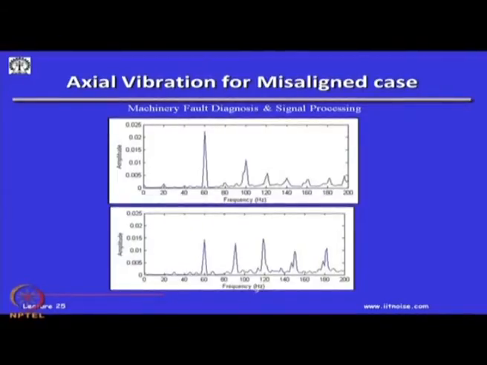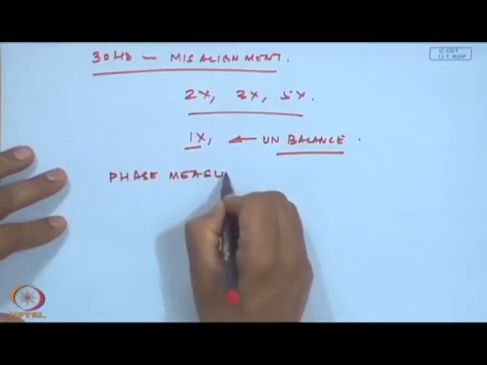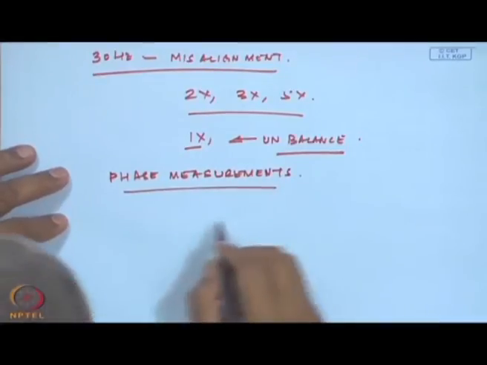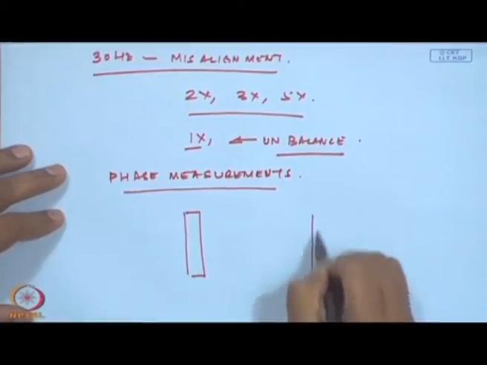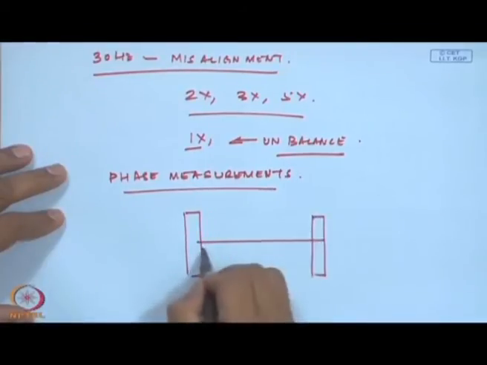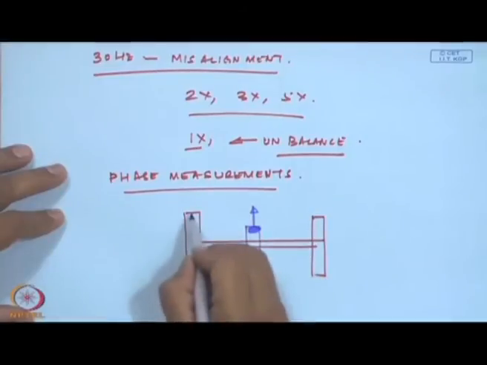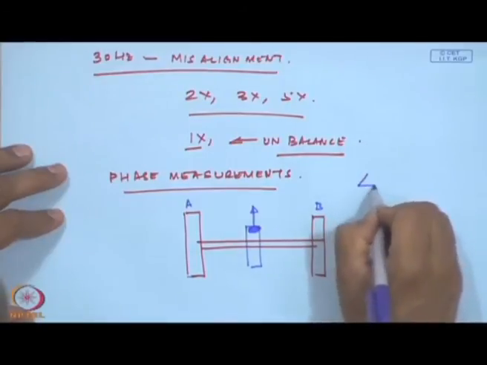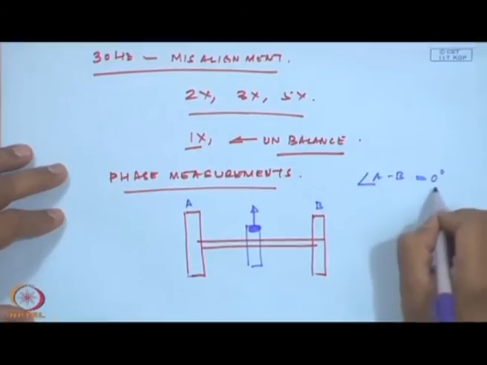Of course, another thing is we have to take care of the phase measurements. Phase measurements do help us. For example, I talked about the bent shaft. In a bearing, I have a shaft which has a rotor. If there is an unbalanced mass, I will see the vibrations at bearings A and B are in phase. So, phi of A minus B is almost 0 degrees. This is the case of unbalance.